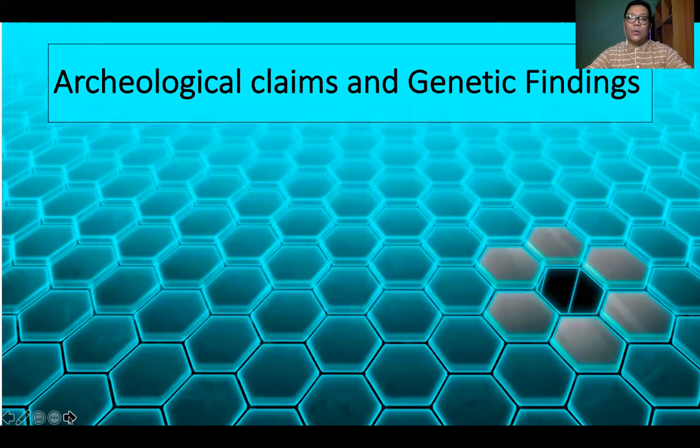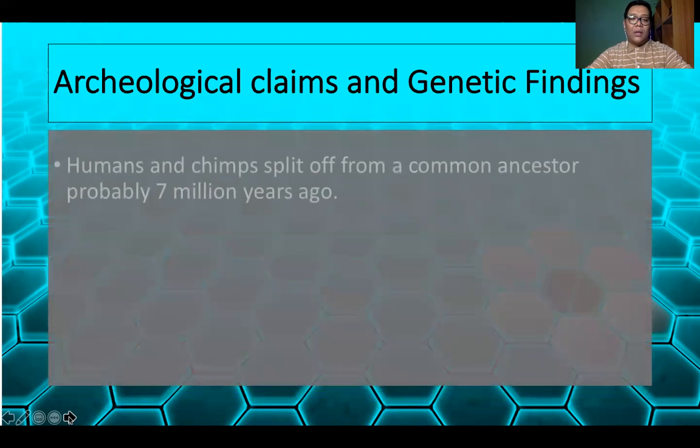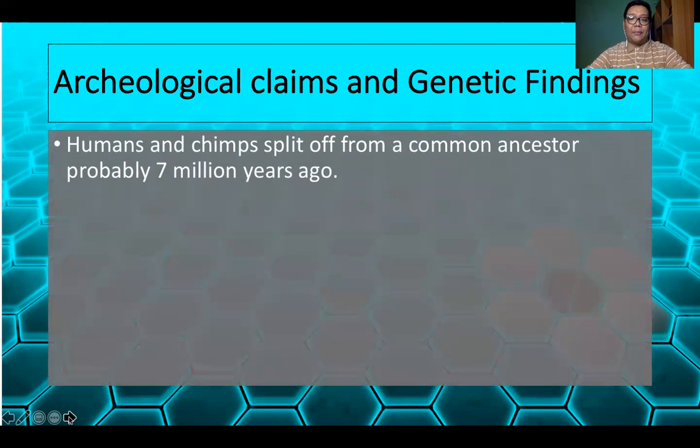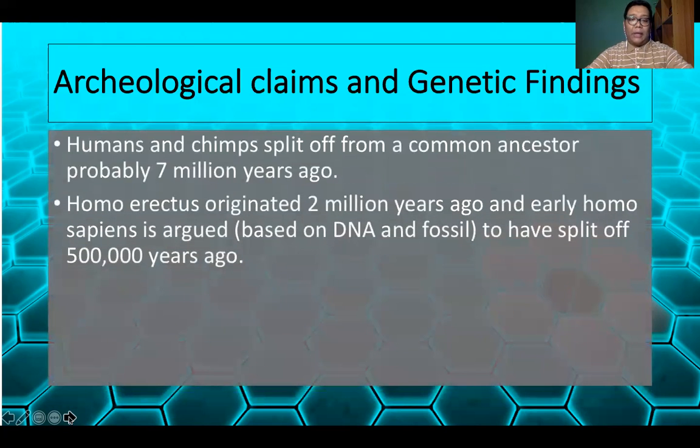Now let's focus more on archaeological claims and genetic findings. Humans and chimps split off from a common ancestor probably 7 million years ago. Homo erectus originated 2 million years ago, and early Homo sapiens were argued, based on DNA and fossils, to have split off 500,000 years ago.